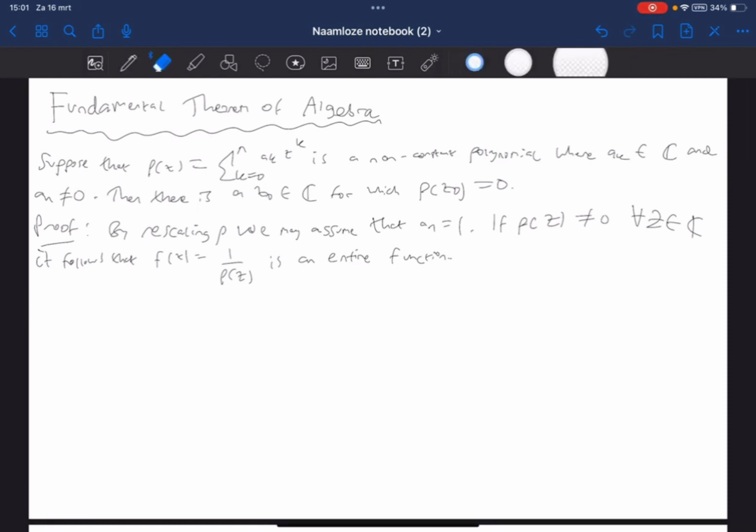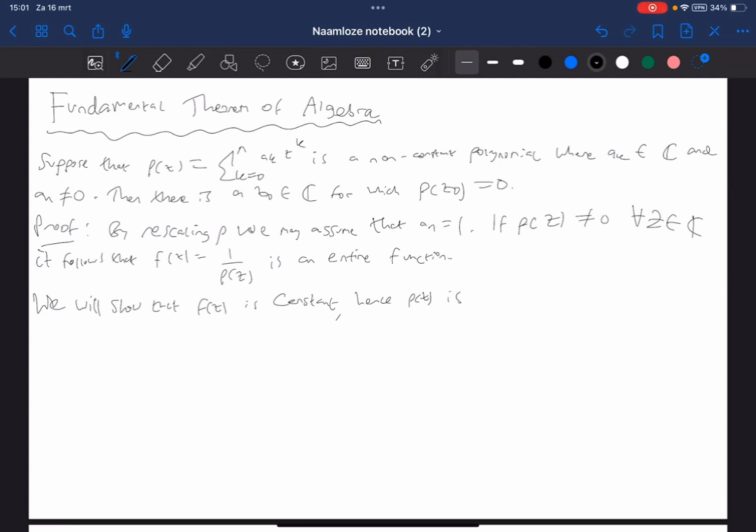So we will show that f of z is constant. Hence, p of z is constant.